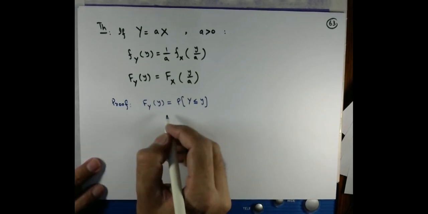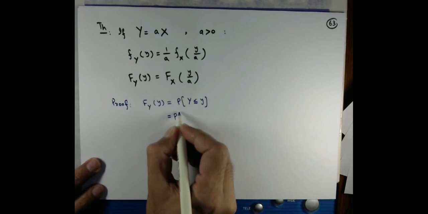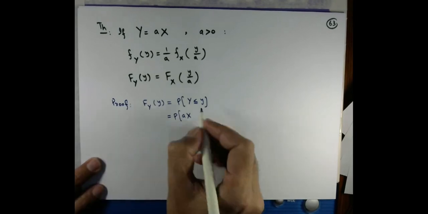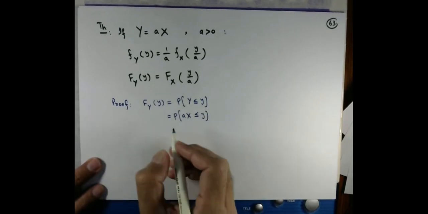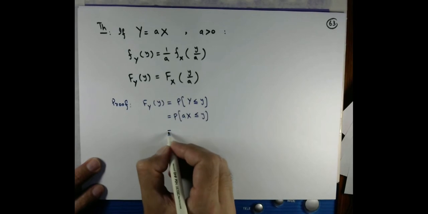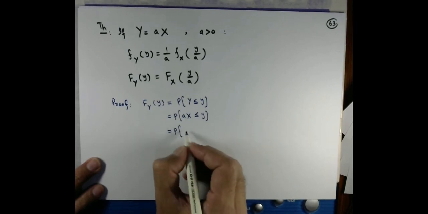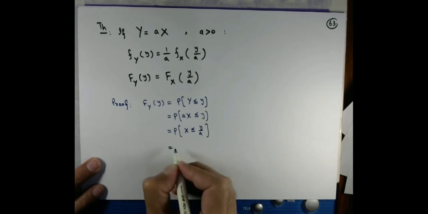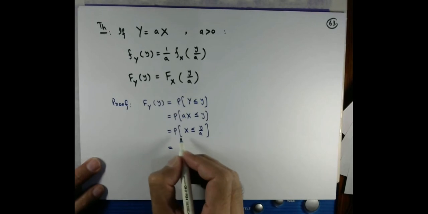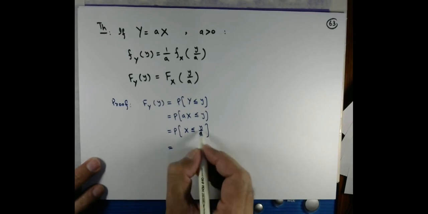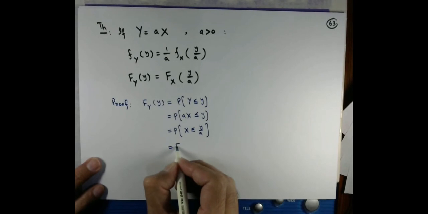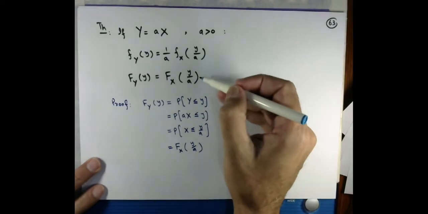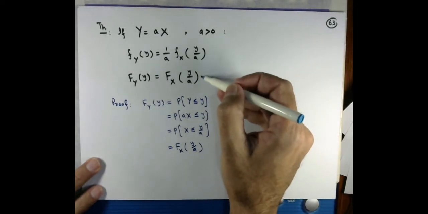So if we do this, we can write it as the probability that y, which is nothing but ax, is less than or equal to y, and so we can write it as the probability that x is less than or equal to y over a. So now you see this is a CDF of x. By definition, the probability that x is below or equal to this number, so we can write it as f sub x at y over a. So this is basically the proof of this particular expression.